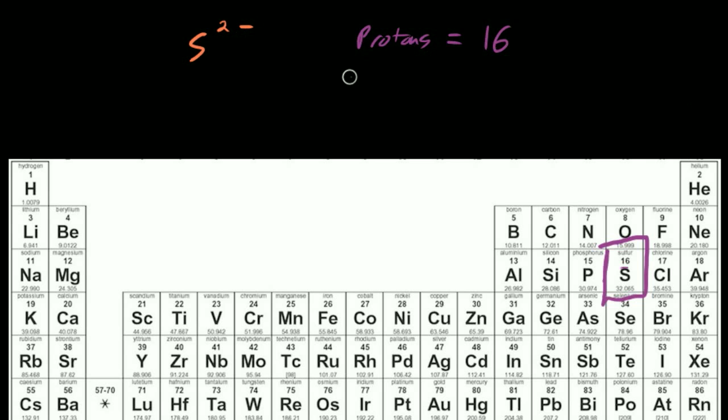So that means how many electrons will we have? Well, we're going to have 2 more electrons than the number of protons, right? So we are going to have 18 electrons. Okay? So this would be our final answer for the number of protons and electrons in S2 minus.